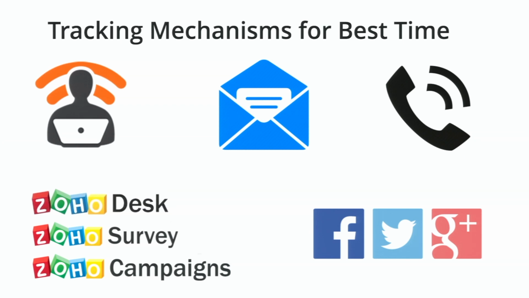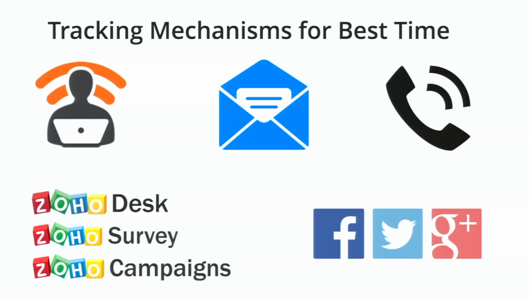Now, this also takes into account other third-party applications as well, like MailChimp, SurveyMonkey, Zendesk, DocuSign. So if you're using any of those applications, you'll be able to see them, and Zia will be able to capture that information as well to use as the best time to contact. So a lot of different tracking mechanisms are coming into play from all these different places. And again, these are all captured as signals inside the CRM. So you're able to use that as a way to get that best suggestion from Zia.